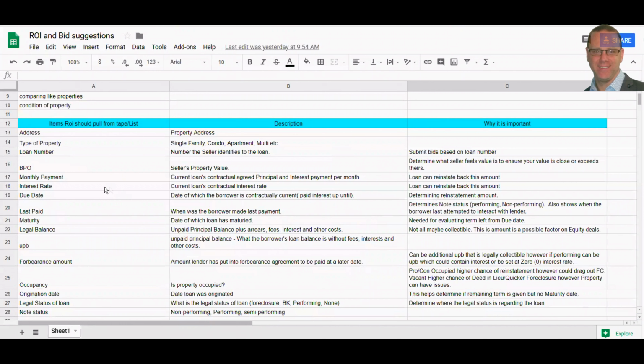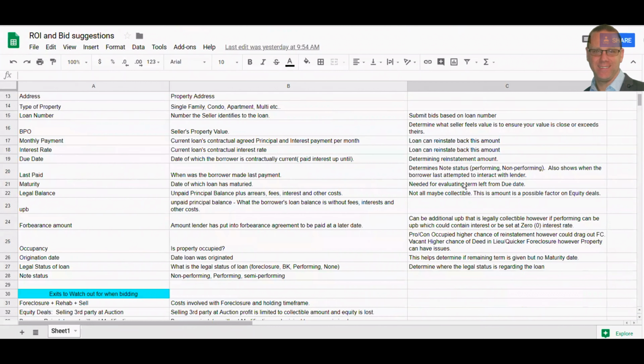Monthly payment, interest rate, due date, and whatnot going down. These are extremely important because you need to be able to look back and see the details of the property and use some of these items to calculate some of the more important exit strategies.